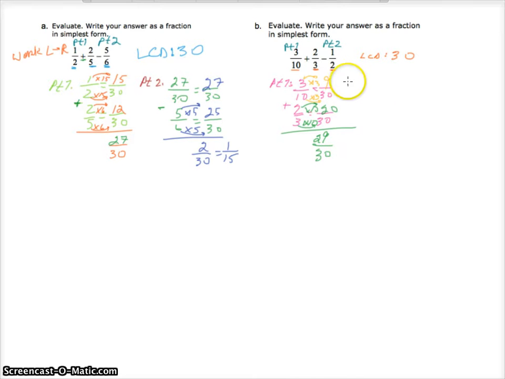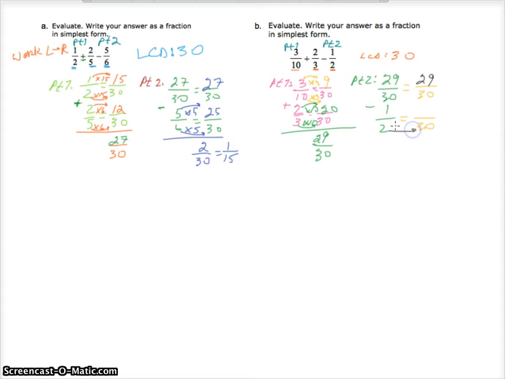Now I can go to part 2. Part 2 is going to be subtraction, so I'm going to have 29 over 30 minus 1/2. I've got to get both of these terms equal to something over 30. 30 to 30 doesn't change, so I'll just leave that as 29.